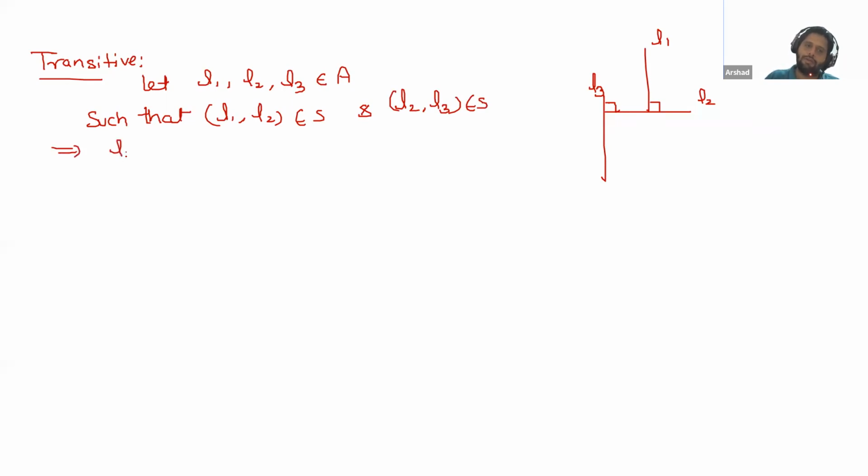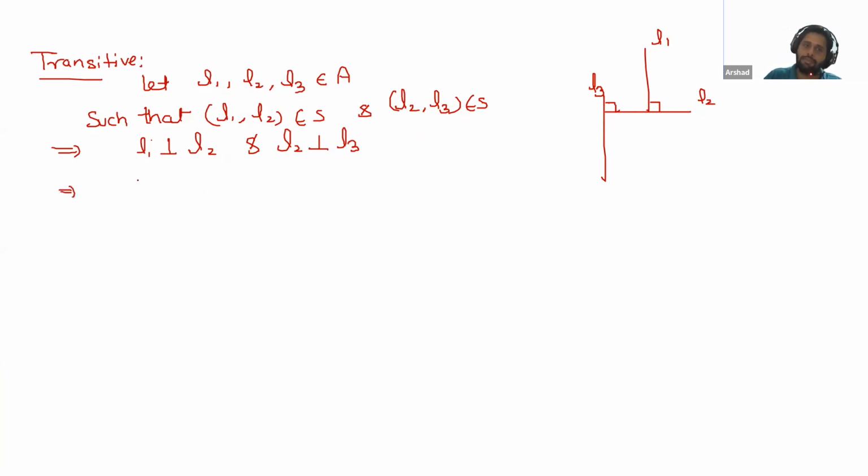This means L1 is perpendicular to L2 and L2 is perpendicular to L3. So here we have written L1 is perpendicular to L2 and L2 is perpendicular to L3. But from this figure, we understood that L1 is not perpendicular to L3.